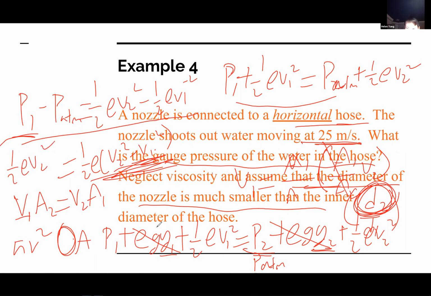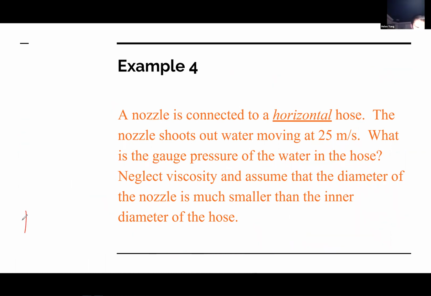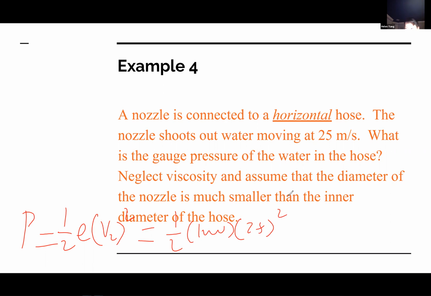So now that we know everything, we can write P is equal to 1/2 rho times V2 squared. That is equal to 1/2 times 1000 times 25 squared, and then you get 3.1 times 10 to the 5 pascals.